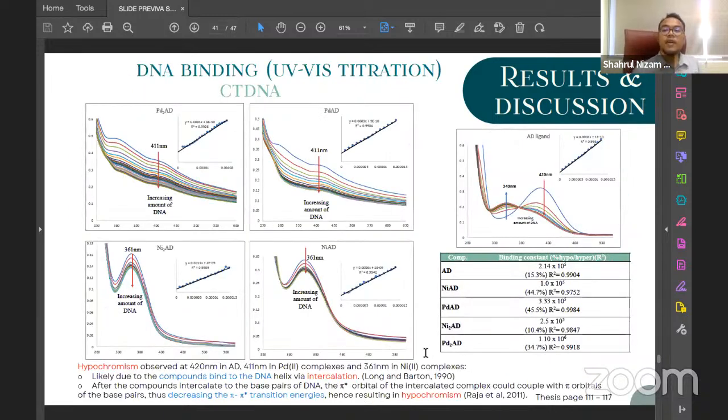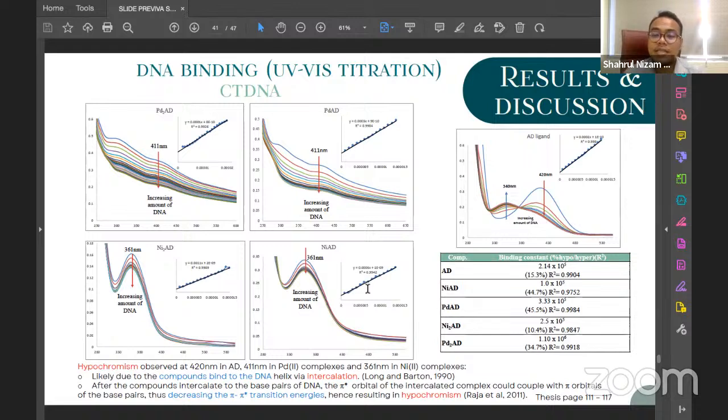And to strengthen our findings further, we ran DNA binding studies using UV titration. When we use UV titration, you can see hypochromism observed at 420 nanometer in AD, 411 in palladium 2 complexes, and 361 in nickel 2 complexes.